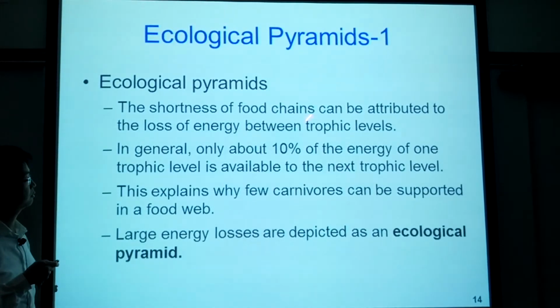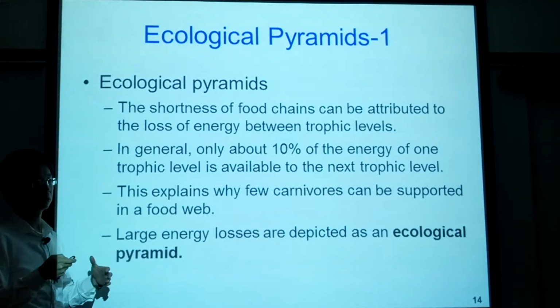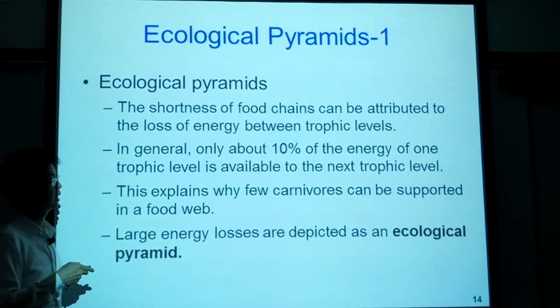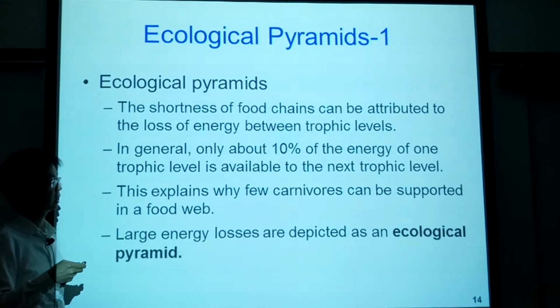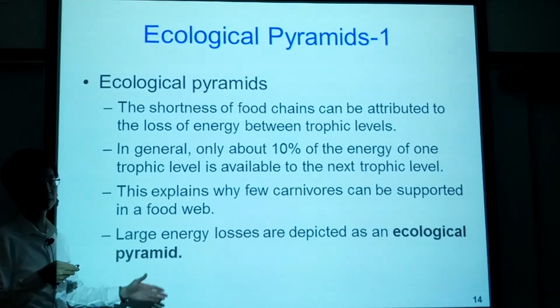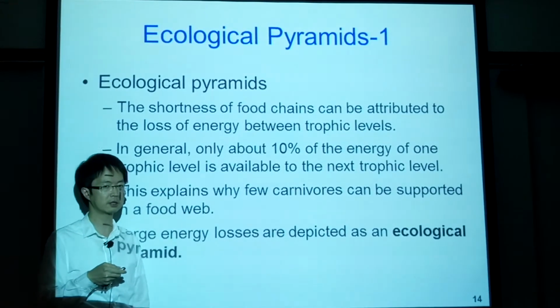So with the food chain and the loss of energy, we have the food chain because the higher trophic level consumers have less energy. Each trophic level will lose some energy. Remember the first law of thermodynamics?